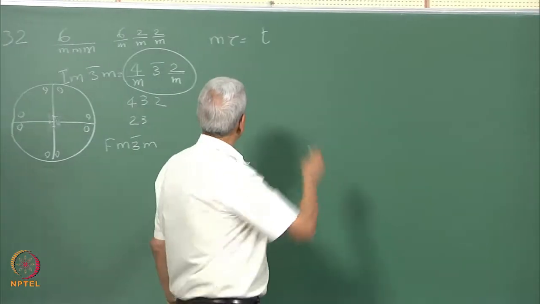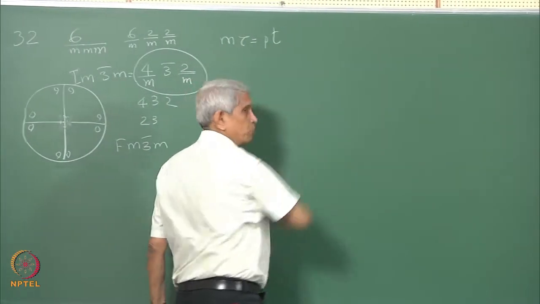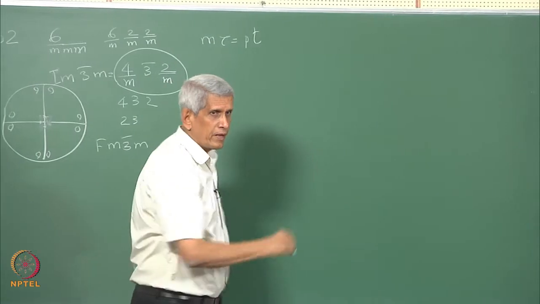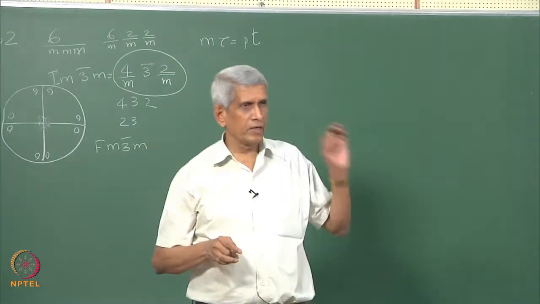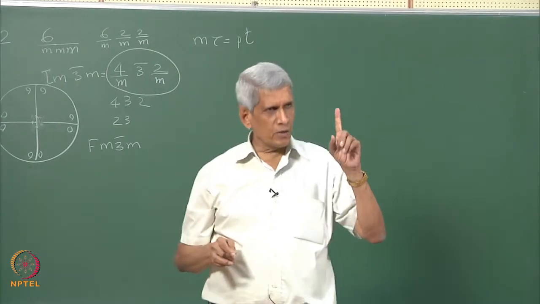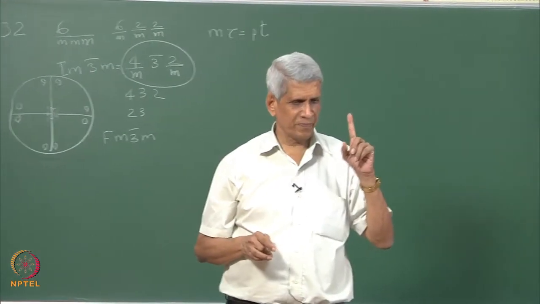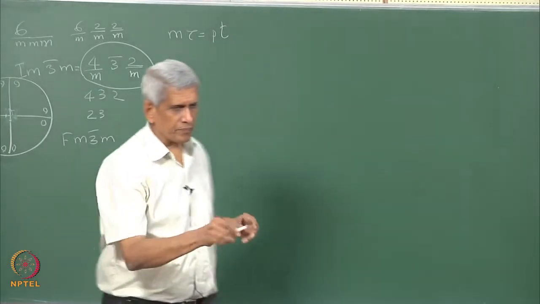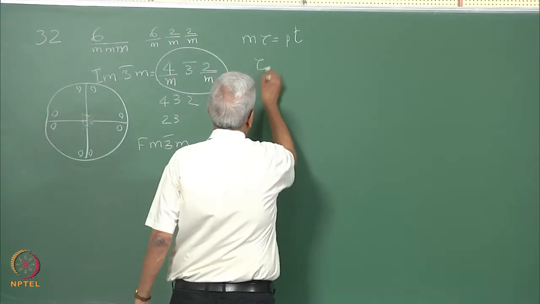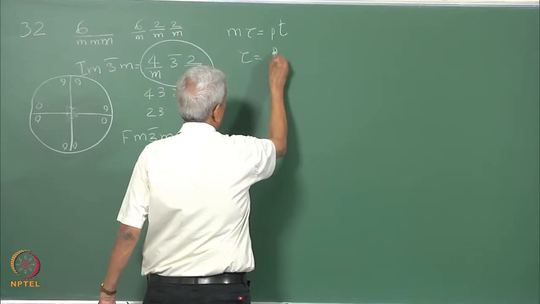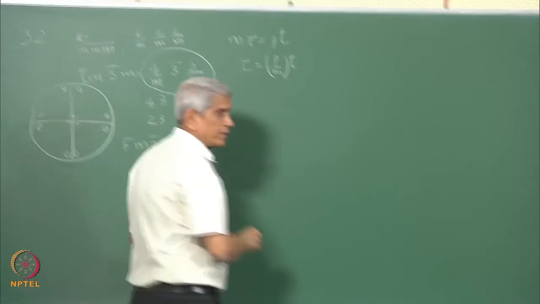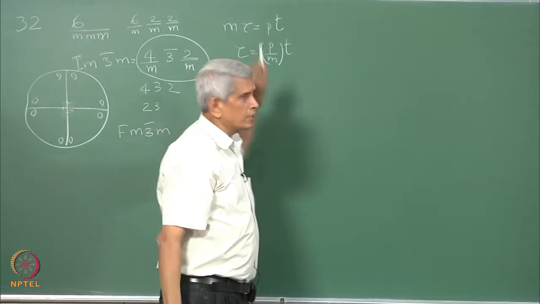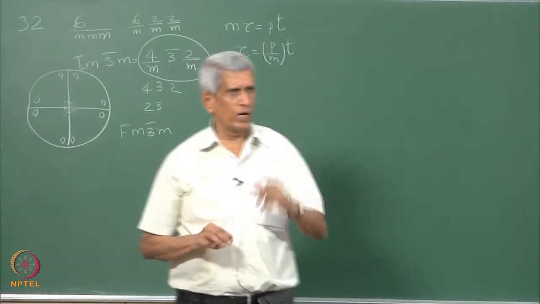That is what is given as p. So what does this m represent? m represents the rotational symmetry which it has. Then tau will be p by m into t.